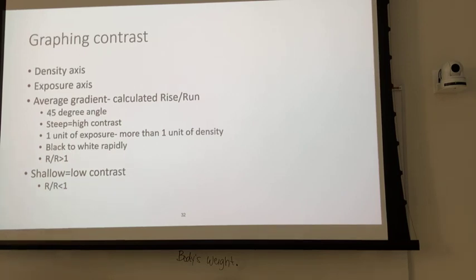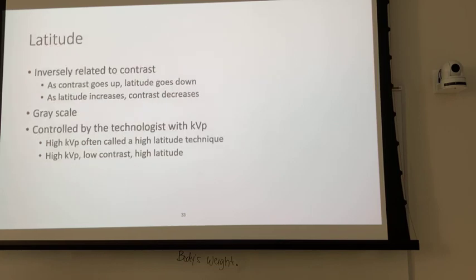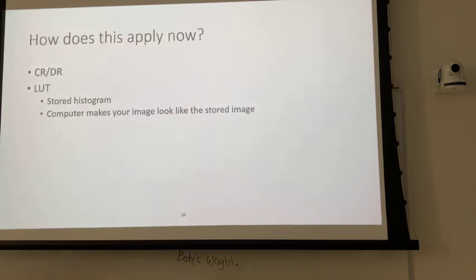That's the purpose of your computer algorithm: to take your image and make it look like the saved image as far as contrast and density go. So we used to control that with KVP and mass, and it's really controlled with the lookup table. So is this a better system than controlling with KVP and mass?